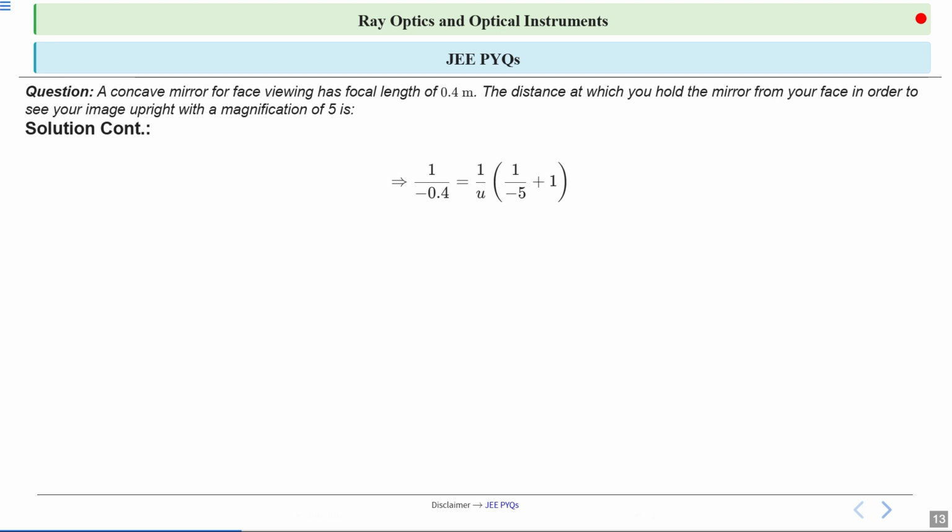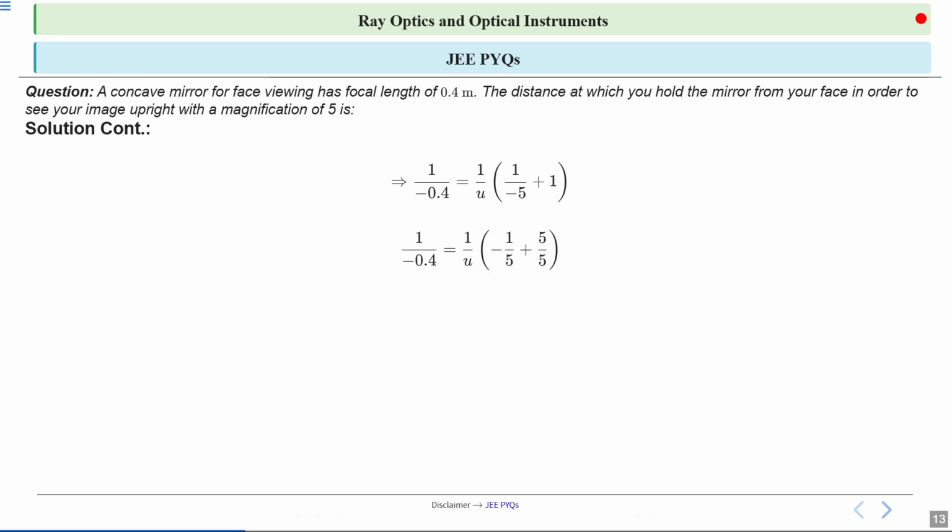Now here we are starting with the equation 1 upon f equals 1 upon u plus 1 upon v. After putting the values and rearranging the equation, we have come to this step: 1 upon minus 0.4 equals 1 upon u multiplied by 1 upon minus 5 plus 1.